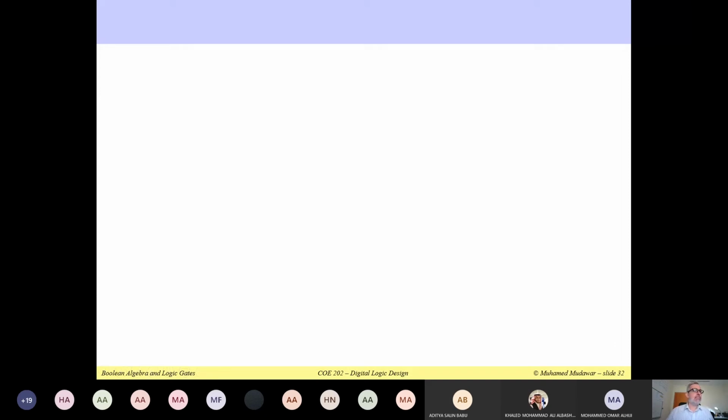Let me use my pen tool. I'm going to write a function here, a function f. This function is a function of 3 variables, x, y, and z.